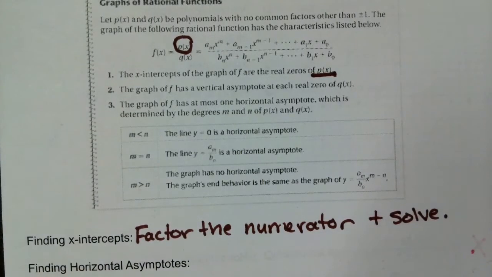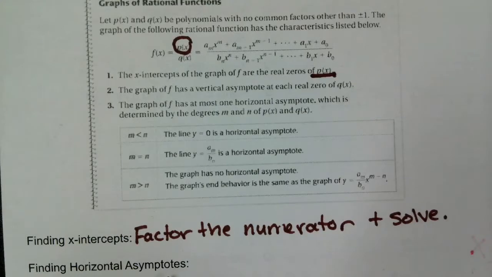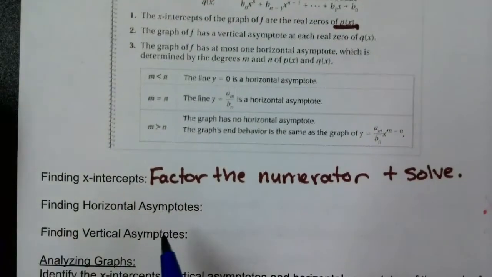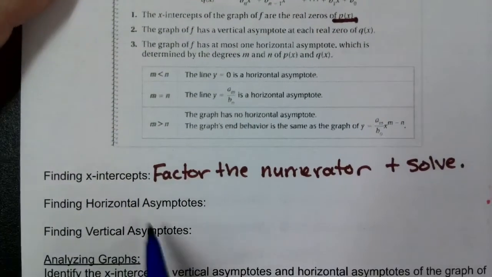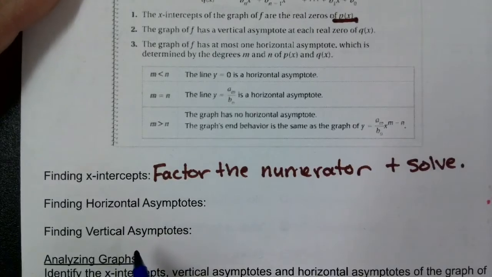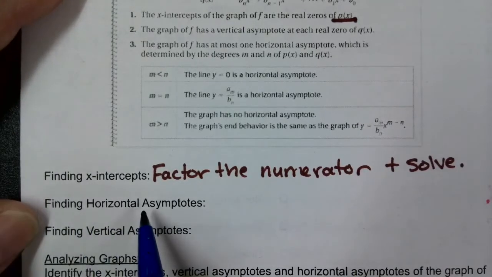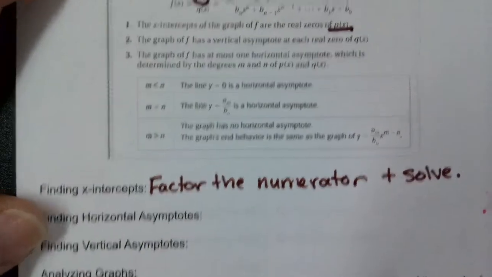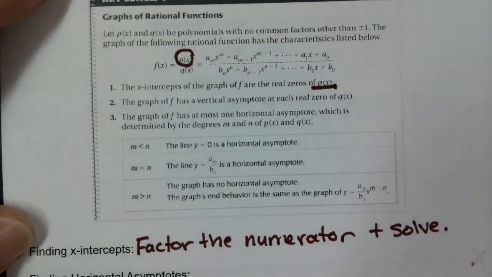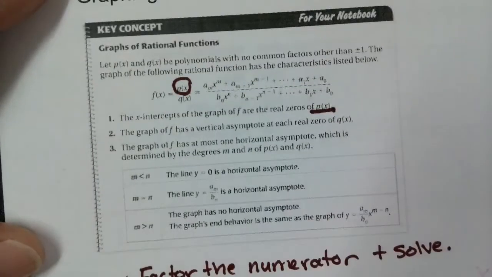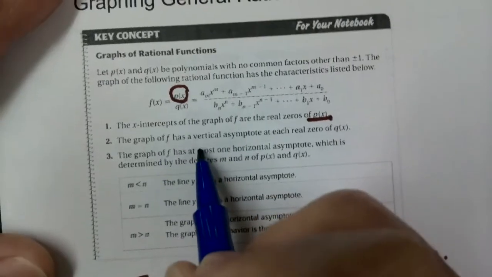Okay. Then we are also going to need to look for our asymptotes. And if you remember, we talked about those during our parent functions discussion at the beginning of the semester. Let's skip down to the vertical asymptotes so we can stay on the same board.